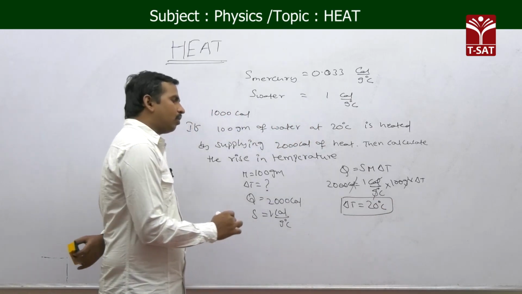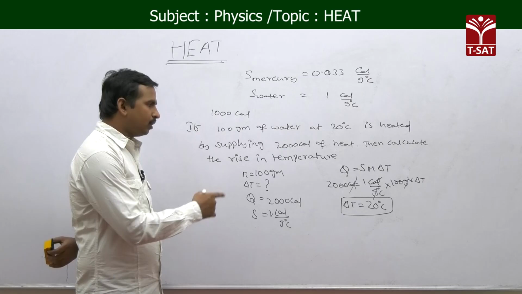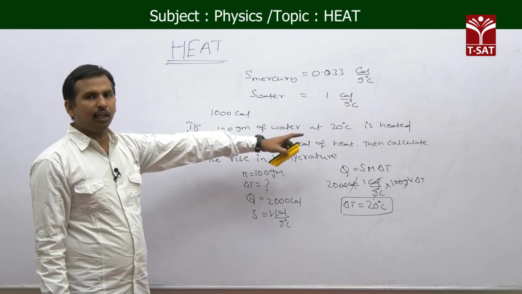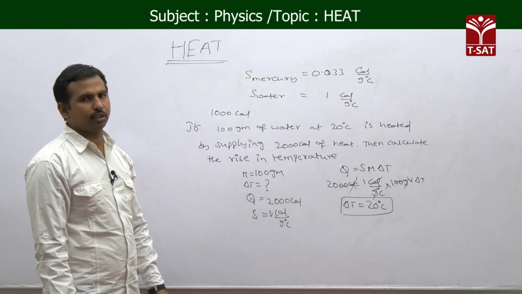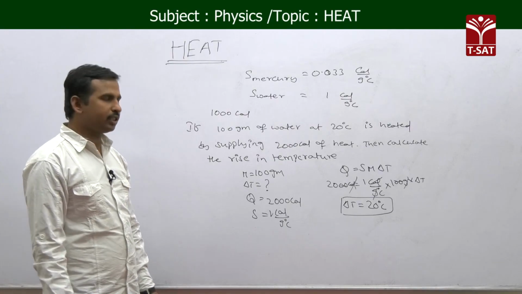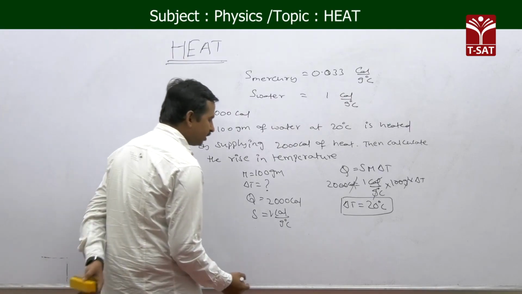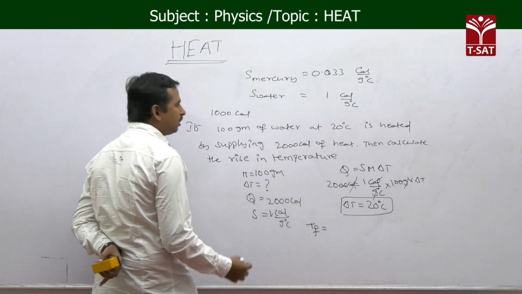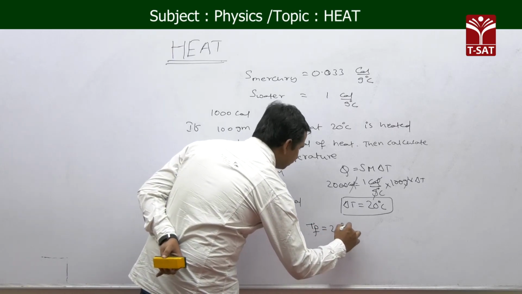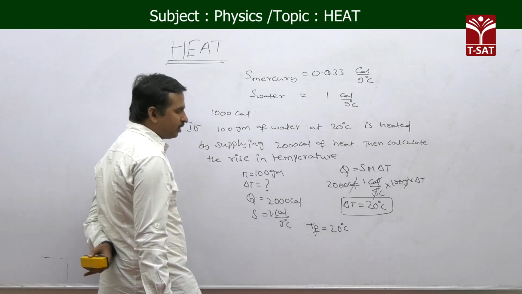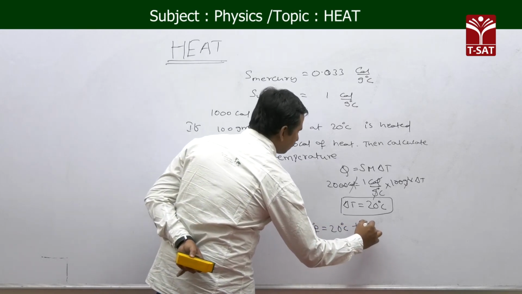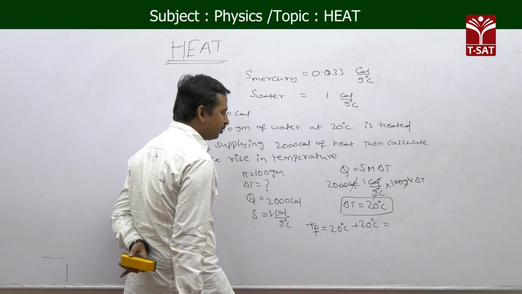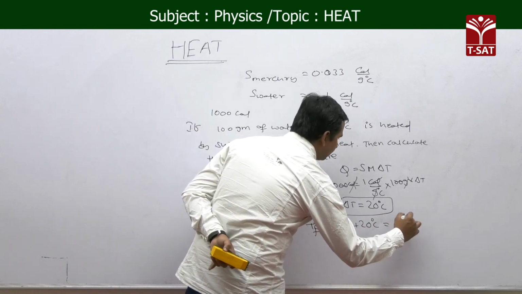So delta T is equal to 20 degrees Celsius, which means here we are heating. Heating means there is a rise in temperature. As there is a rise in temperature, the final temperature becomes the initial 20 degrees Celsius, now raised by plus 20 degrees Celsius, in total 40 degrees Celsius.